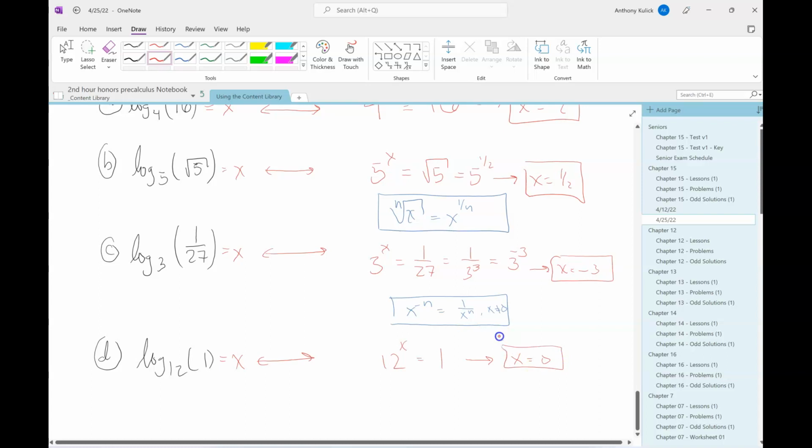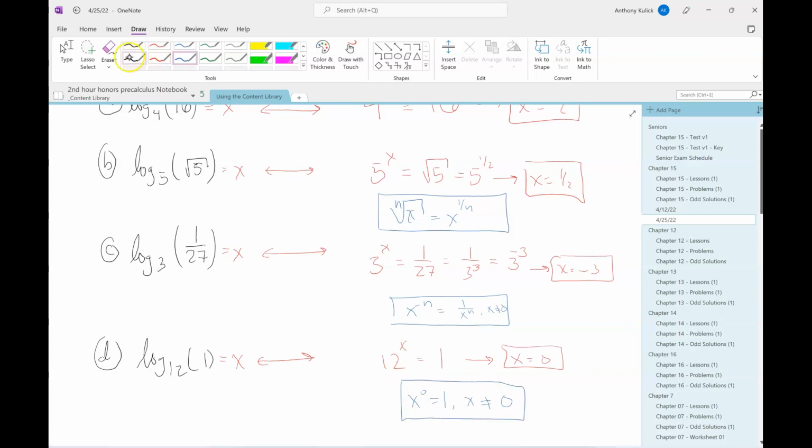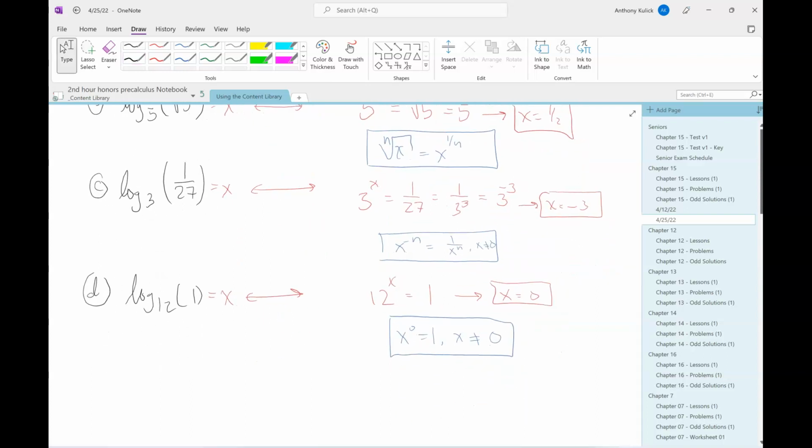Yeah, very good. You guys remember your properties of exponents. Remember, any non-zero number to the 0 power is equal to 1. 0 to the 0 is actually indeterminate. We'll call it undefined, but it's not. Sometimes undefined means infinite. Sometimes undefined means there are multiple answers that seem to be correct.